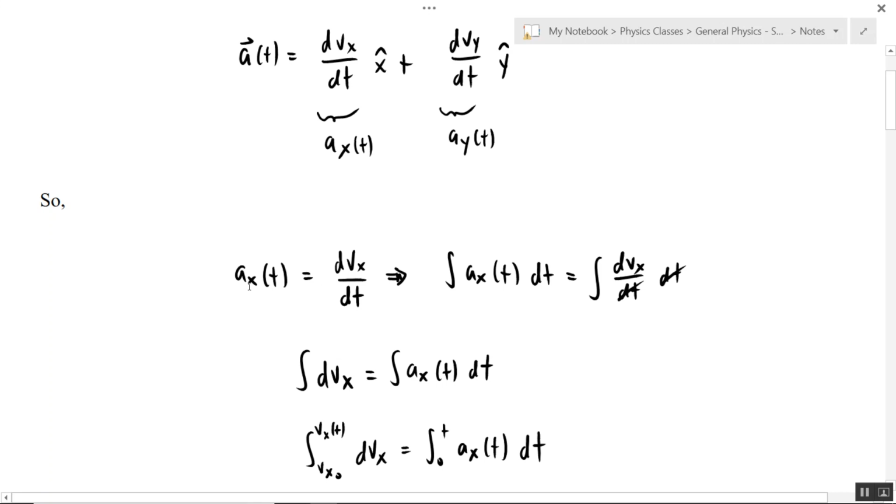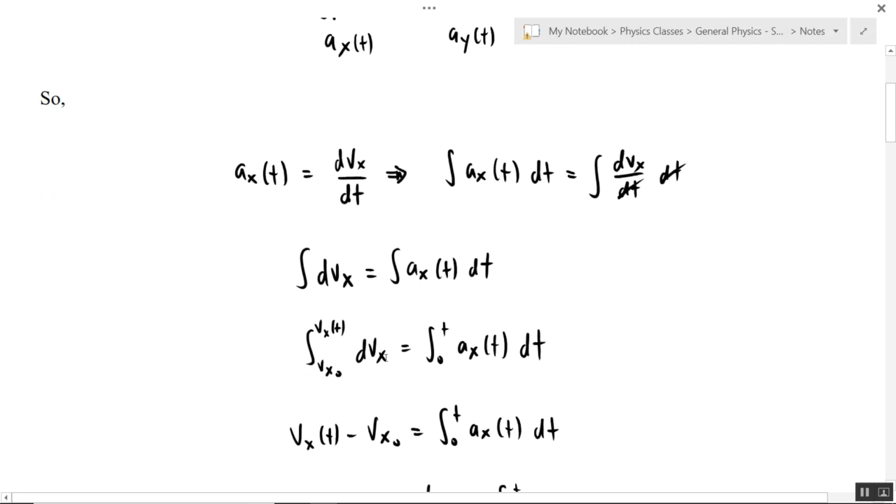To find the x part of the velocity, we know that the x part of the acceleration is the derivative of it, right? So how do you do the opposite thing? Well, it's the integral, correct? So basically, if you integrate both sides over time, that allows you to find the velocity, right?